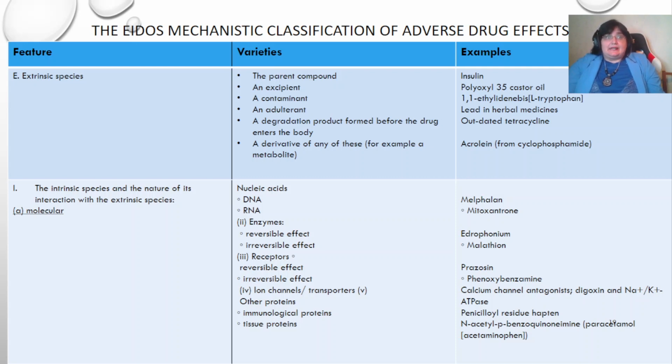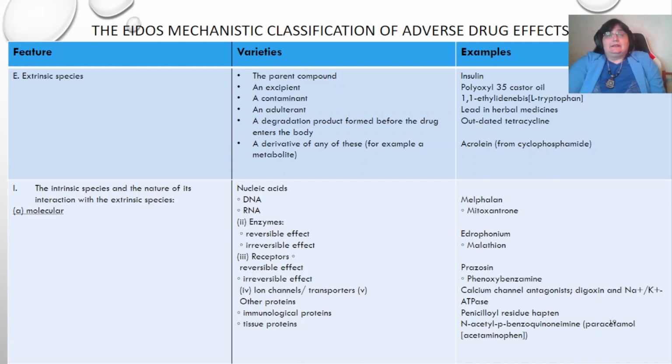Extrinsic species can be, and we see it as varieties, parent compounds, for example insulin; an excipient, polyoxyl certified castor oil; a contaminant, for example 1,1-ethylidene bis-tryptophan; an adulterant, lead in herbal medicines; a degradation product formed before the drug enters the body, outdated tetracycline; a derivative of any of these, for example a metabolite, such as acrolein from cyclophosphamide.